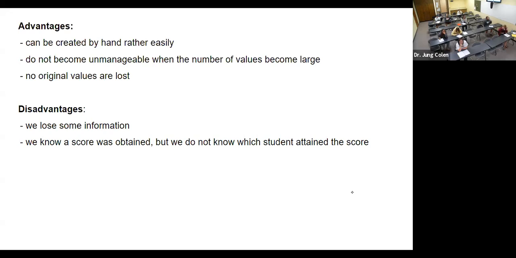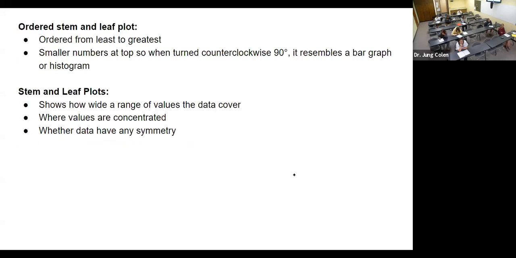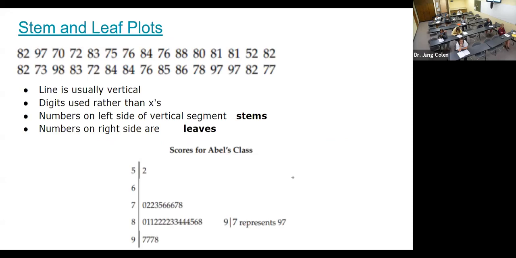And the original values are not lost. So for example, if we have 82, we put that as 8 and 2. So the original data value is not lost. However, it loses some information. Why does it lose some information? If you go back here, for example, I put that in order, right?